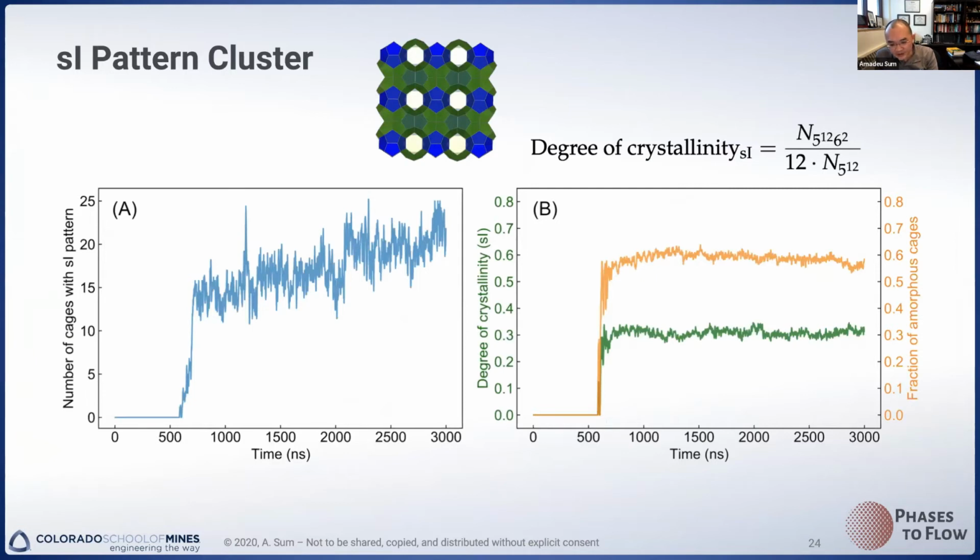And one way is by looking at the number of connected cages, especially in structure 1, we have rows of this 51262 cages, the green ones that are shown in this image. And we see that the degree of crystallinity here doesn't get very high. But again, we have a fairly, if you will, small simulation box.